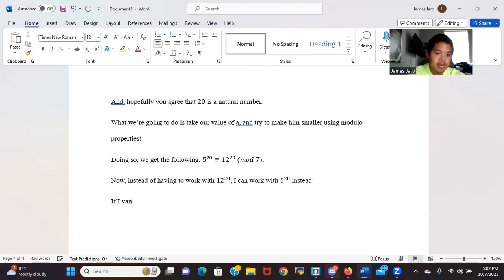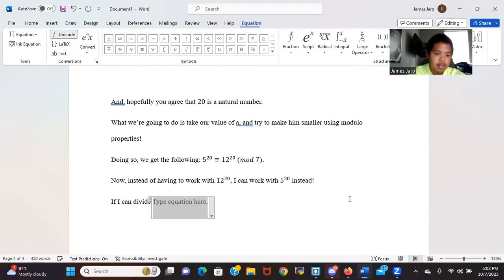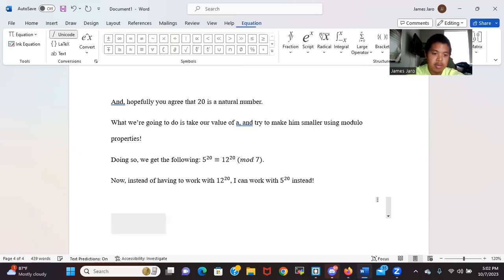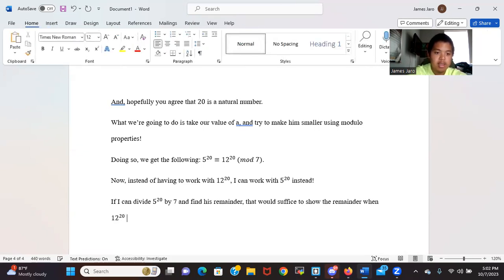If I can divide 5 to the 20th by 7 and find its remainder, that would suffice to show the remainder when 12 to the 20th is divided by 7, because 5 to the 20th has to have the same remainder as 12 to the 20th when divided by 7.